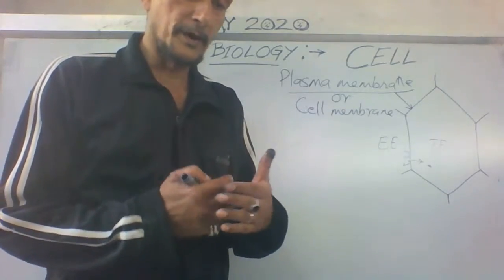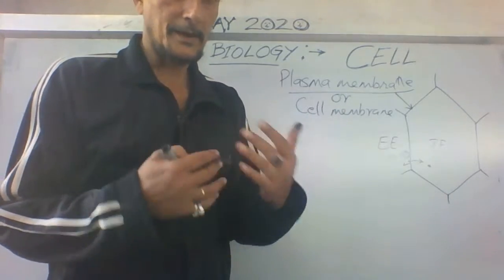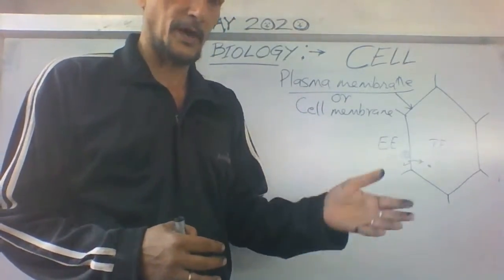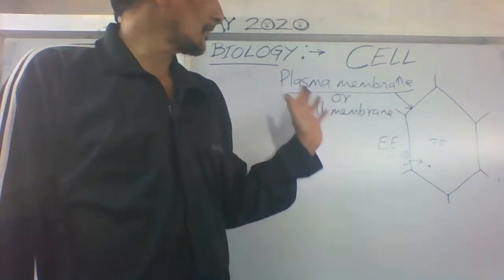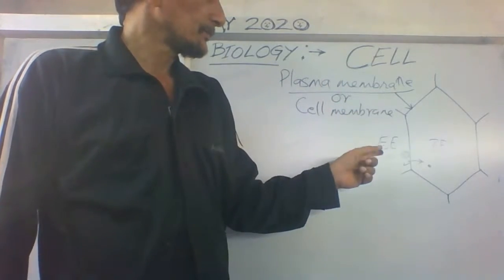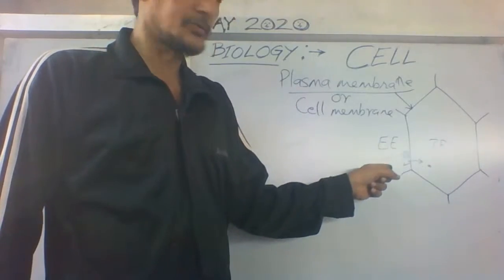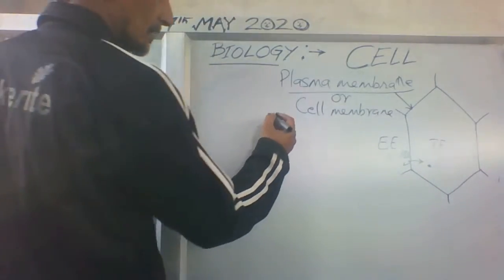So your gate is working like a selectively permeable membrane. Selectively permeable means it is selecting which person has to come inside and which not. Likewise, this plasma membrane selects which particles should go inside and which not. Therefore, this is called selectively permeable.